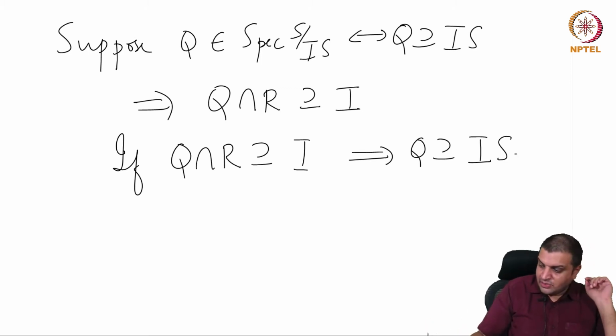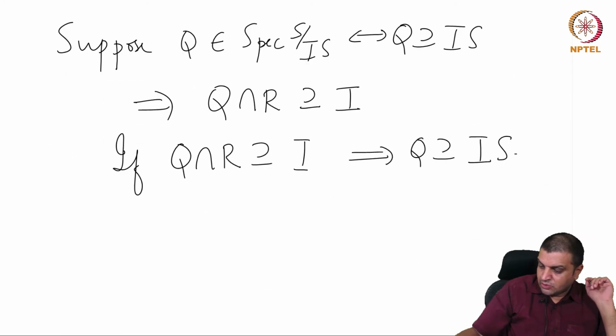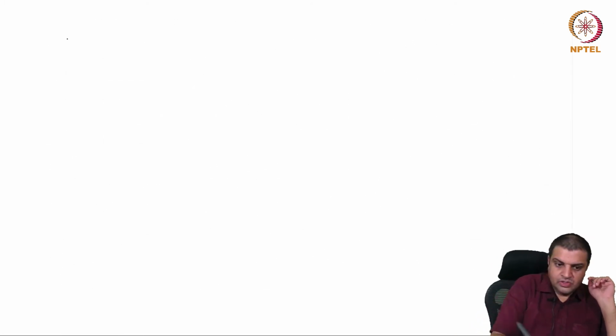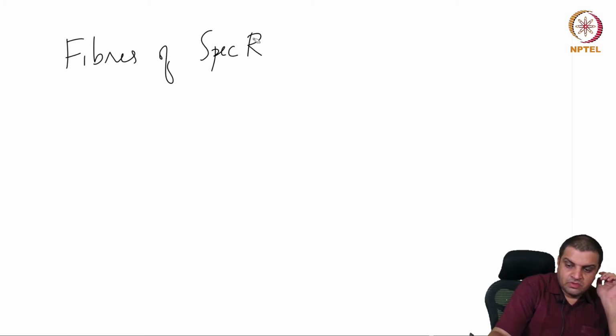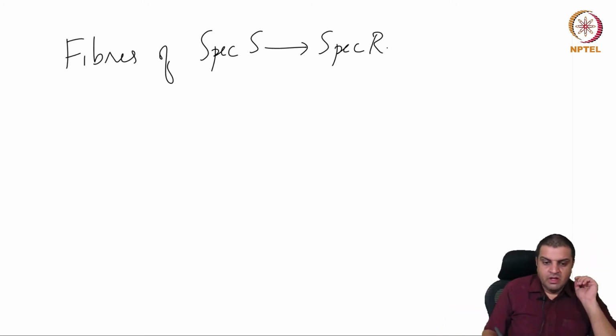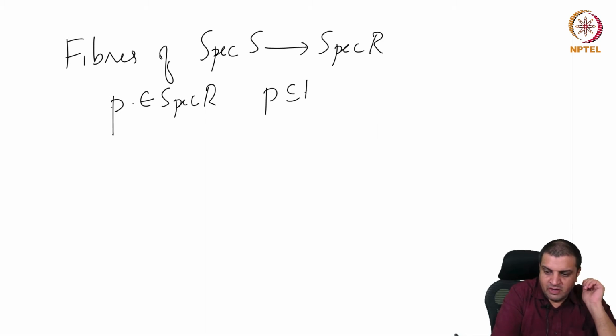Now we would like to understand the fibers of this map, the fibers of spec S to spec R. So what are points here? A point here is a prime ideal P inside spec R. That means P is a prime ideal of R.